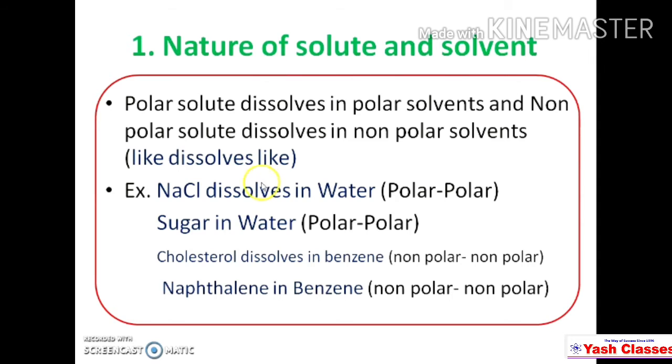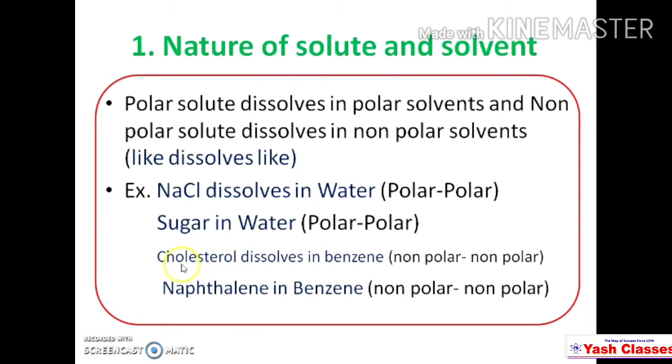For example, sodium chloride dissolves in water. Here sodium chloride is a polar substance, and water is also a polar substance, and therefore sodium chloride is soluble in water. Similarly, sugar dissolves in water. Both are polar substances. Another example, cholesterol dissolves in benzene. Cholesterol is an organic, non-polar compound, so it dissolves in benzene.